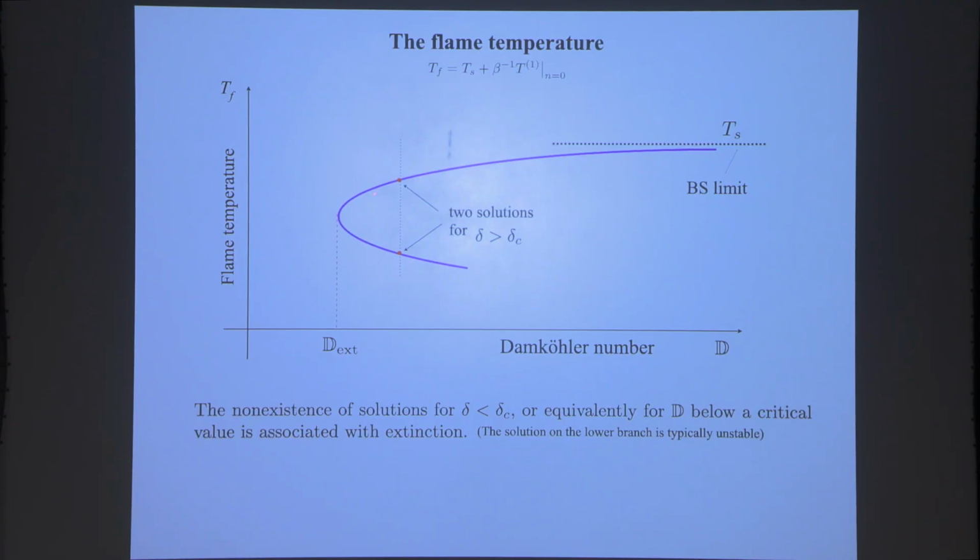And when you reduce delta below a certain value, there is no solution. So this point is the point where we can identify or relate to extinction, okay? In other words, no possible steady solution exists for D below delta extinction, and that's extinction.